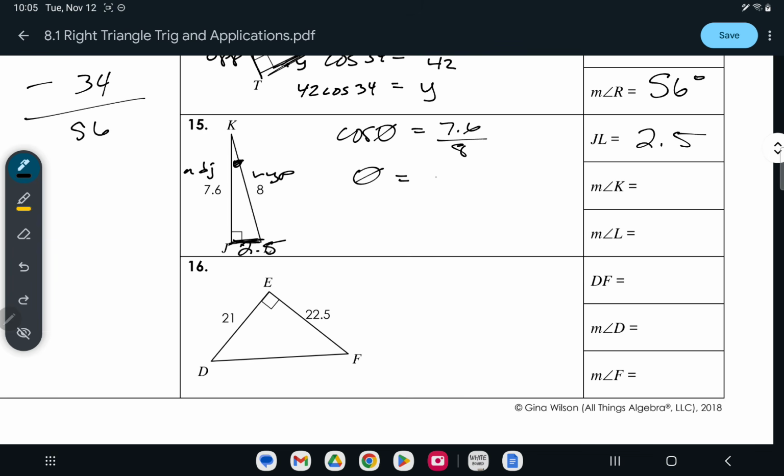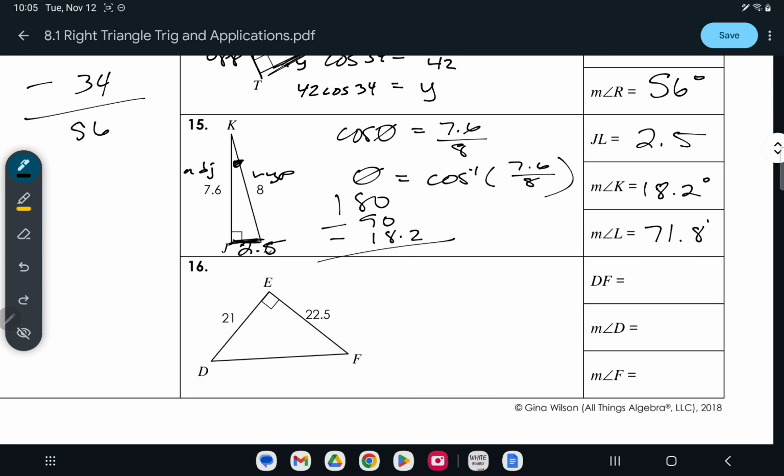So theta is going to be inverse cosine of 7.6 over 8, which gives 18.2 degrees. And then I would take 180 minus 90 minus the 18.2, and that's going to give 71.8.